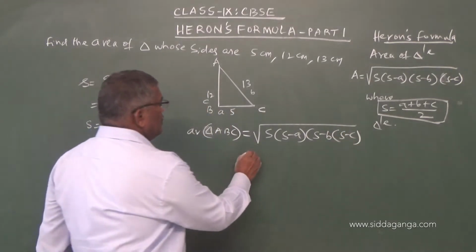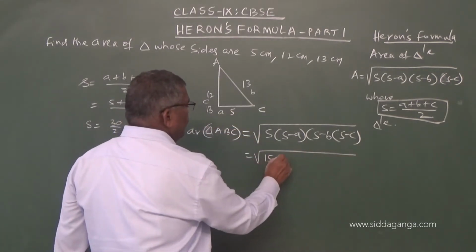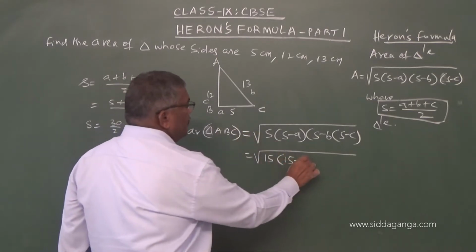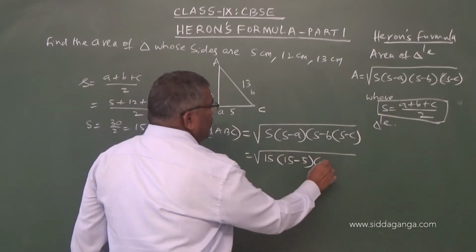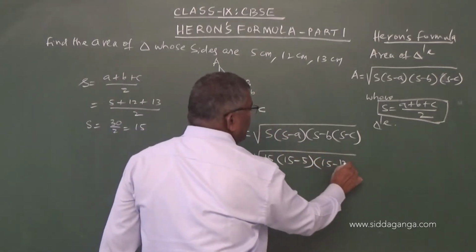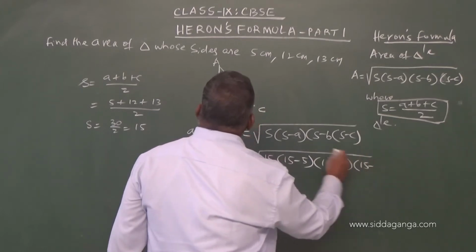So here it is square root of s, which is 15, into 15 minus a, which is 5, 15 minus b, which is 13, and 15 minus c, which is 12.